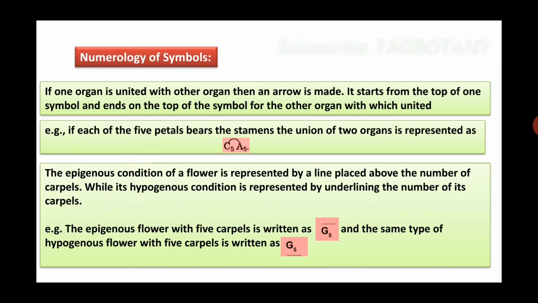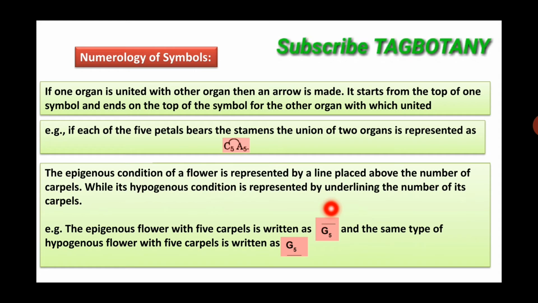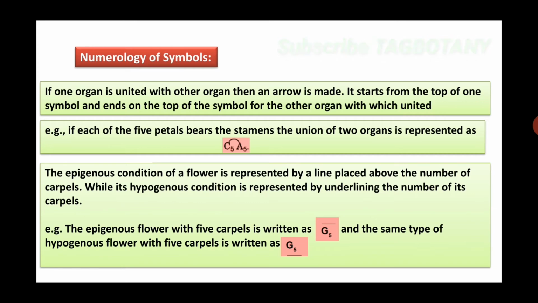The epigynous condition of a flower is represented by a line placed above the number of carpels, while its hypogynous condition is represented by underlining the number of its carpels. For example, the epigynous flower with 5 carpels is written as G5 and the line on the top, and the same type of hypogynous flower with 5 carpels is written as G5 and underline.